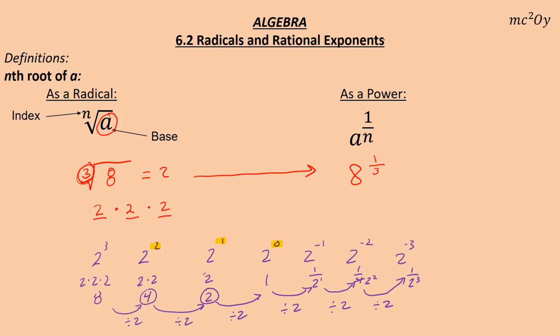So if, for instance, I wanted to deal with 2 to the 1/3 power, well, 2 to the 1/3 power would go right in here somewhere. 1/3 is in between 0 and 1, which means 2 to the 1/3 power, if I were to actually calculate it out, would be between the number 1 and the number 2. It's saying, what is the cube root of 2? That's what that's asking right there.